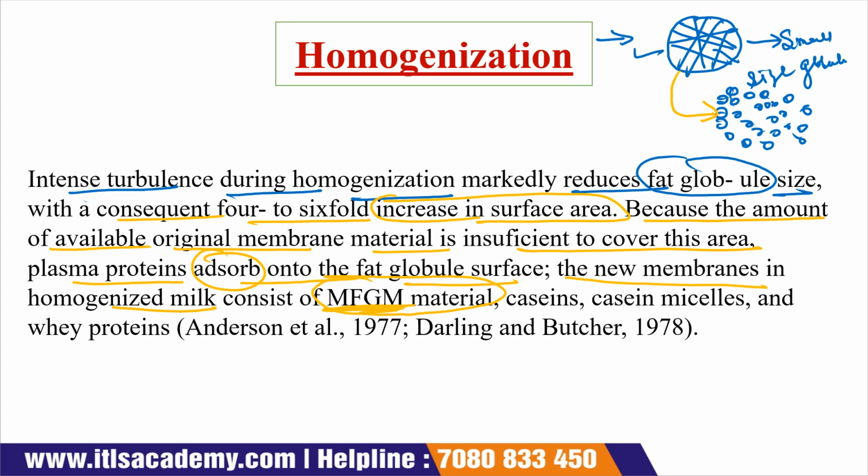The new membrane in a homogenized milk consists of MFGM material, then casein micelles and whey protein, as reported by Anderson et al. 1970 and Darling and Butcher 1978.